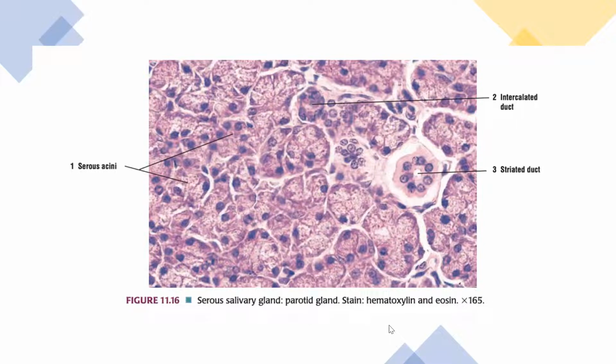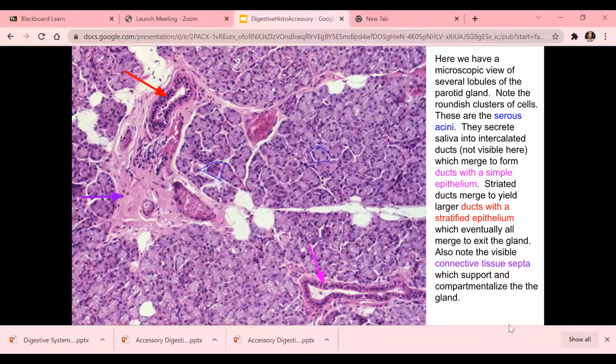You can see the microscopic view of the parotid gland. The parotid gland, which is located anterior and inferior to our ear, is a serous gland. This gland is composed of thousands of serous acini. They can secrete saliva, and the saliva which is secreted comes to the intercalated duct. We can see the intercalated duct at this magnification.